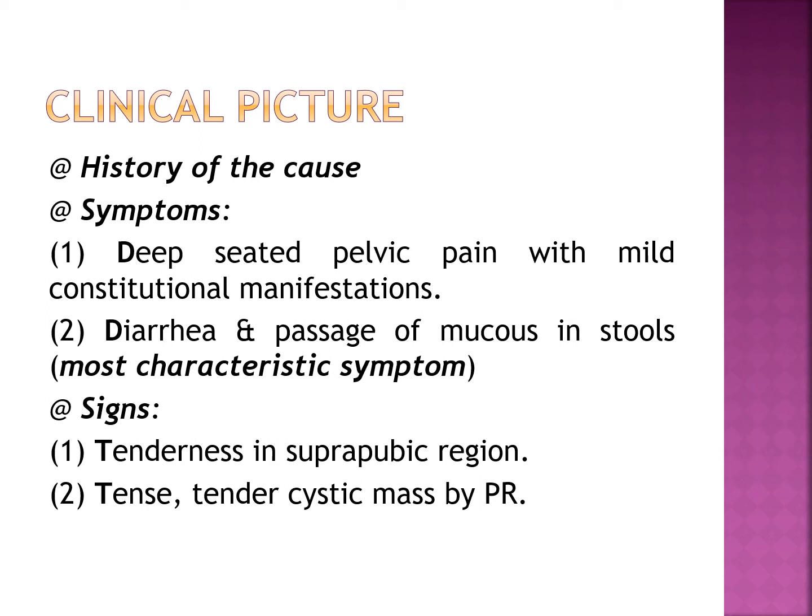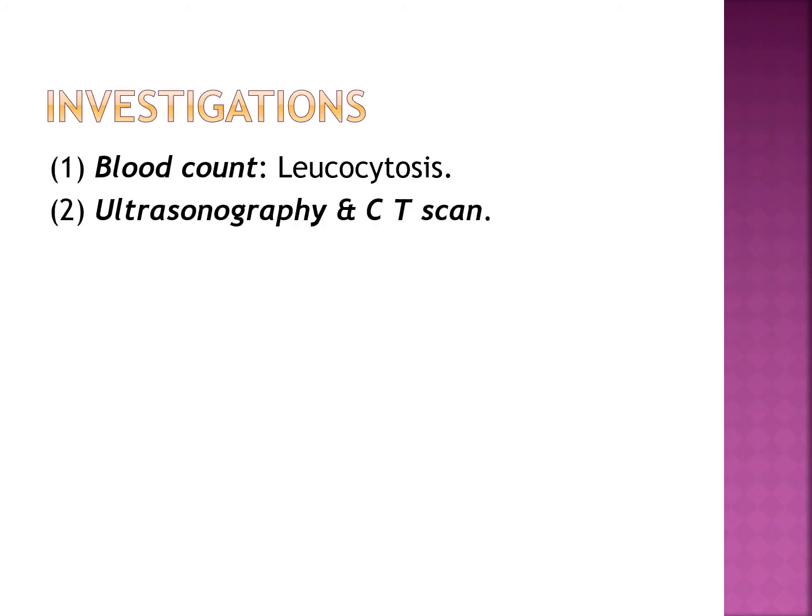Signs: there is tenderness in the suprapubic region, and if you do a PR or pelvic examination, a PV, you can feel the presence of a tense and tender cystic mass. Investigations are similar: blood count with leukocytosis, and ultrasonography and CT scan are the most important diagnostic modalities.